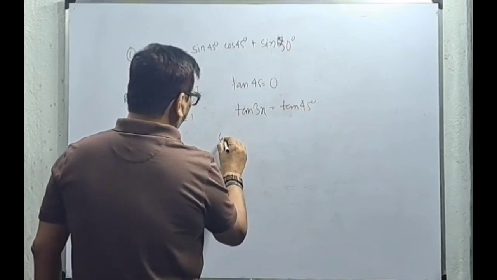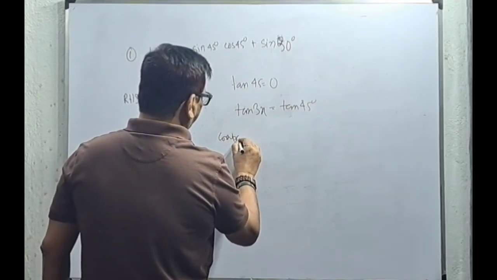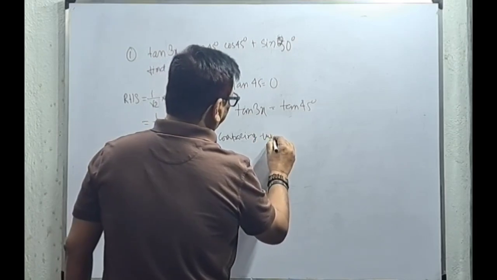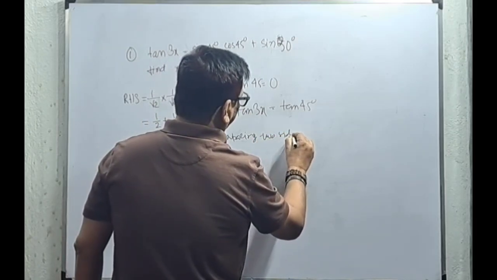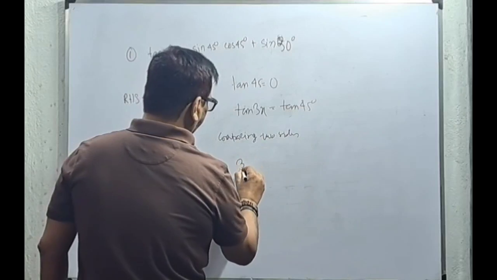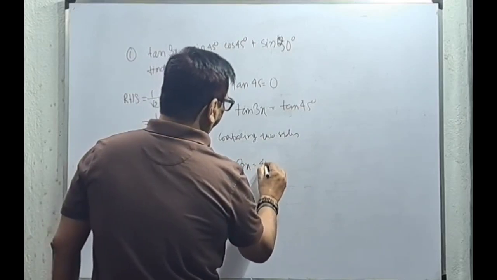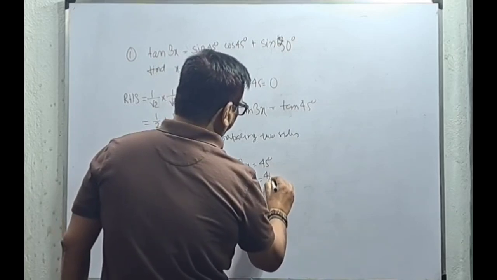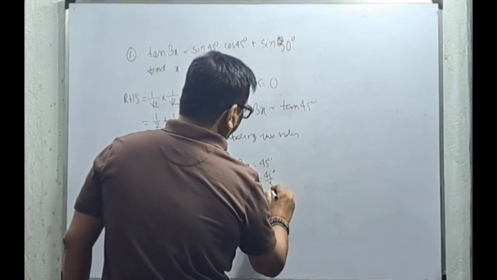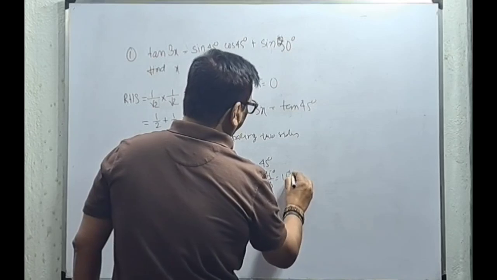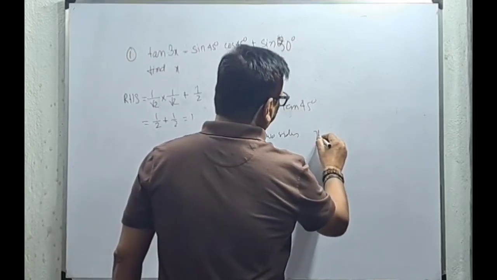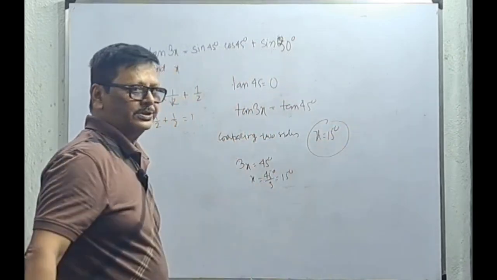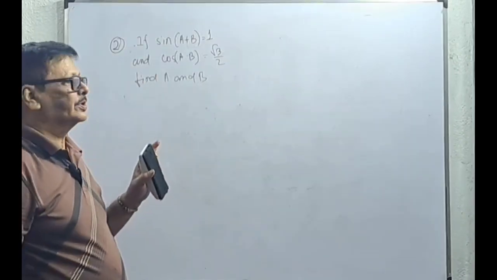So comparing two sides, we can write 3x is equal to 45, x is equal to 45 by 3, that is equal to 15 degree. So the value of x is 15 degree. That is the answer to the first question. Okay, we cross to question number 2.